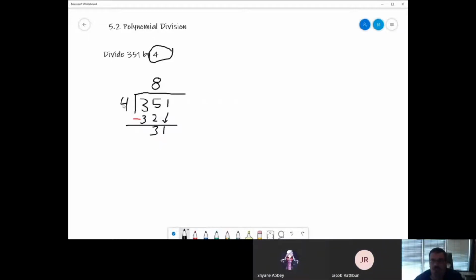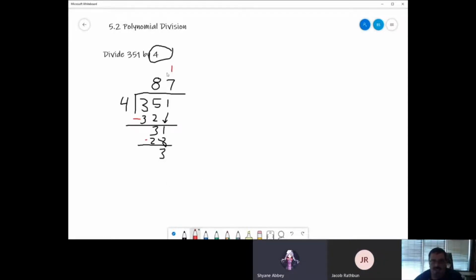So it's all the way through one time. We did 4 into 35 gives you 8. We multiplied 8 times 4 gives you 32. Subtract, when we change that sign, gives us 31. Now we do it again. So 4 goes into 31 7 times. 7 times 4 is 28. And then when we subtract, this sign becomes minus, leaving us with 3.